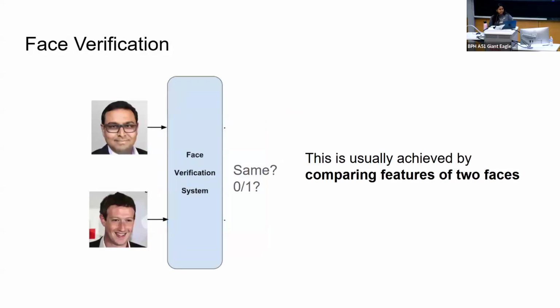The second part is the face verification part. So this is kind of a tricky part because you'll be using the same data set and the same features that we learned to make the model verify if two data points from the data set are of the same class. So this is usually achieved by comparing some of the features between the two faces.